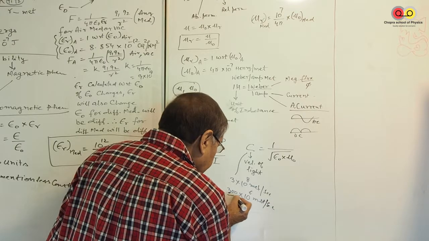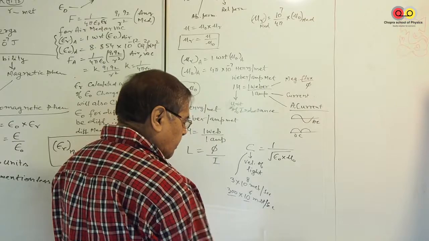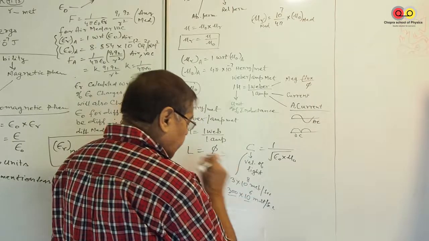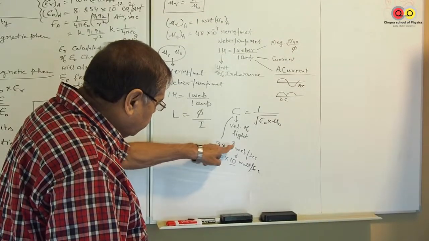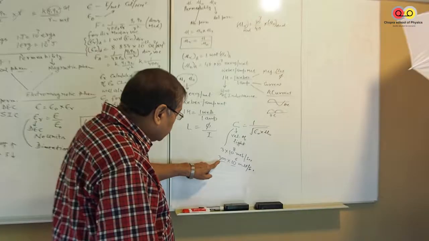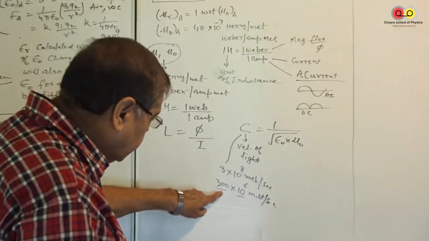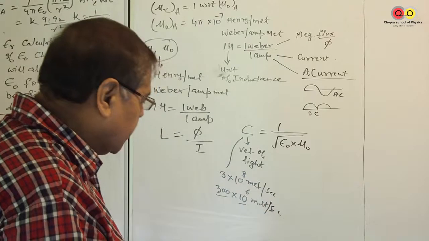We will read it as 300 million meters per second. So this number is written like this. 8 is made 6, 2 zeros here. So it is read as 300 million meters per second.